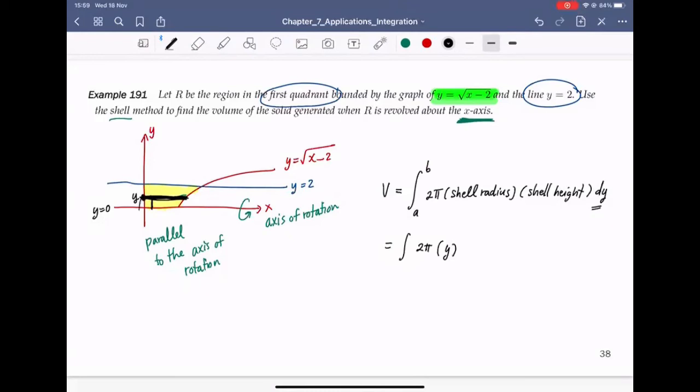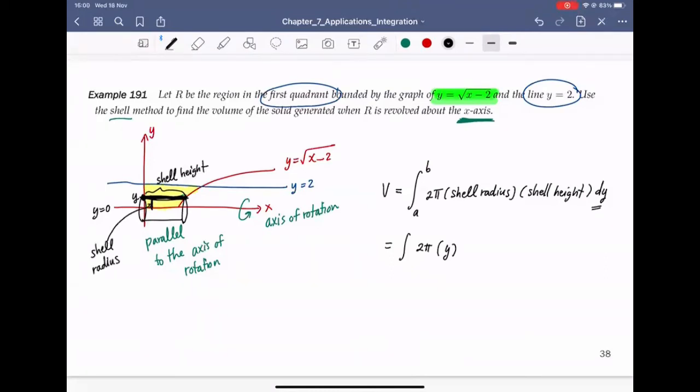You can imagine that you have the cylinder here, so the radius is y minus 0, just the vertical line that I drew. But the shell height is going to be here. This is the shell height, right? And this is your shell radius.